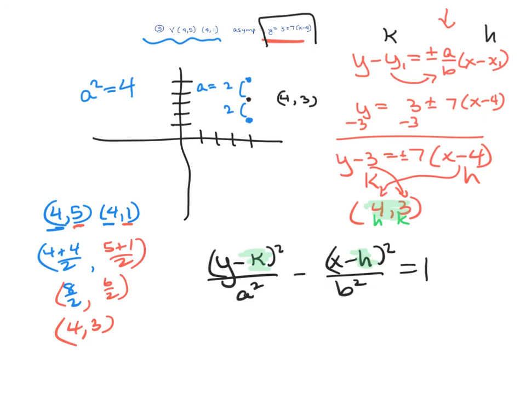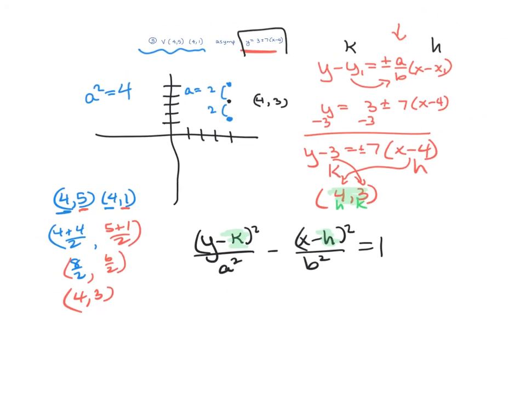Since I don't have a focus or anything, I'm going to use my asymptote. I'm going to take a over b and set it equal to 7 over 1. But remember, we know the a value. Before it was simplified, a equals 2.